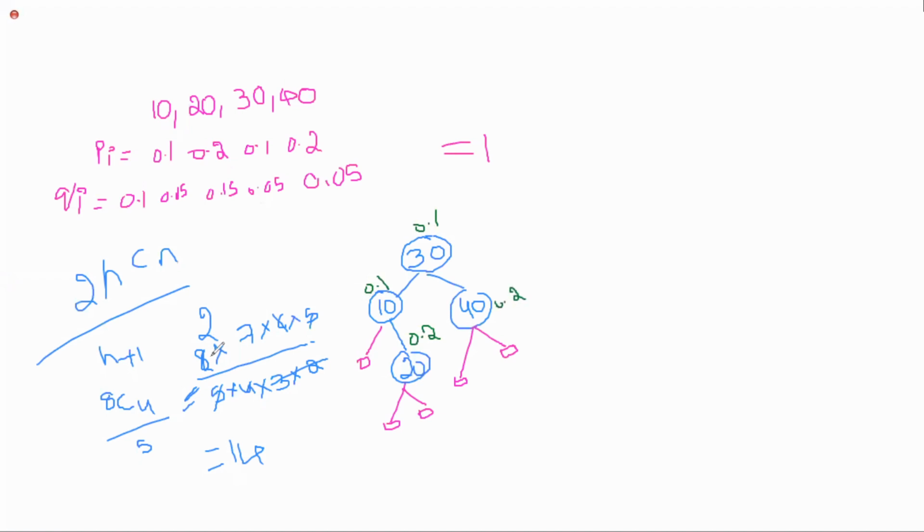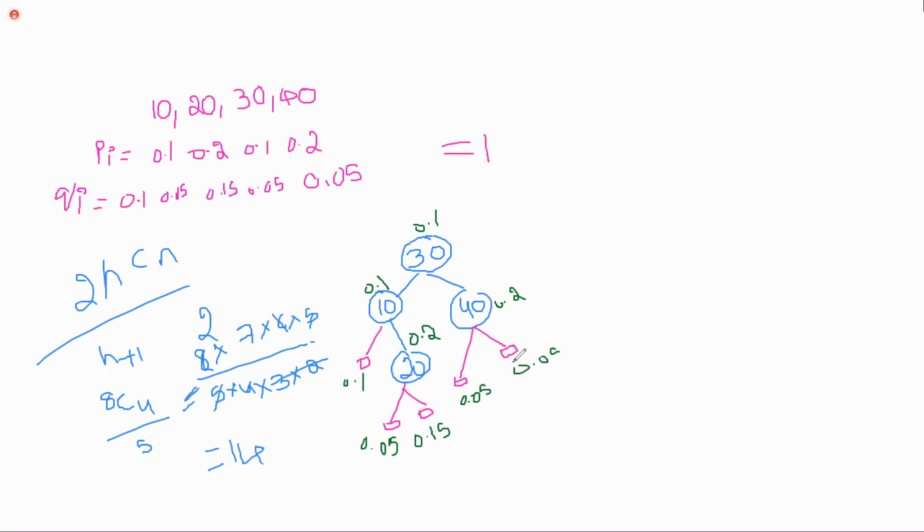Next, for the unsuccessful search, I'm writing directly. The first one is 0.1, the next is 0.05, the next is 0.15, the next is 0.05, and the next is 0.05. These are the successful search probabilities and these are the unsuccessful search probabilities.